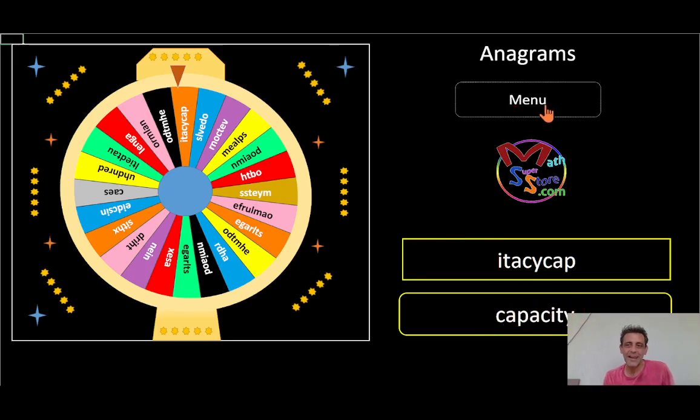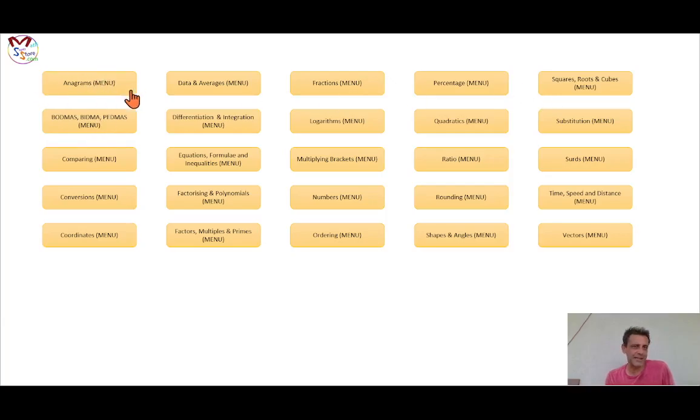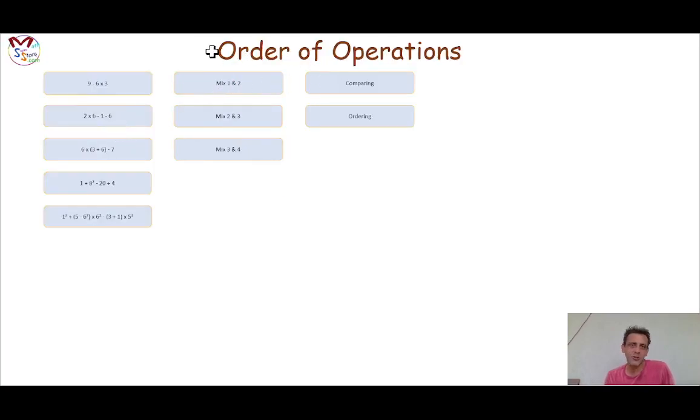If we go to menu, we've seen anagrams, we've got BODMAS, BIDMAS, PEDMAS, whatever you want to call it. The students will always see order of operations. So if it's an American teacher and he uses PEDMAS, he'll know what it is, but the students will always see order of operations. So all teachers can use it.